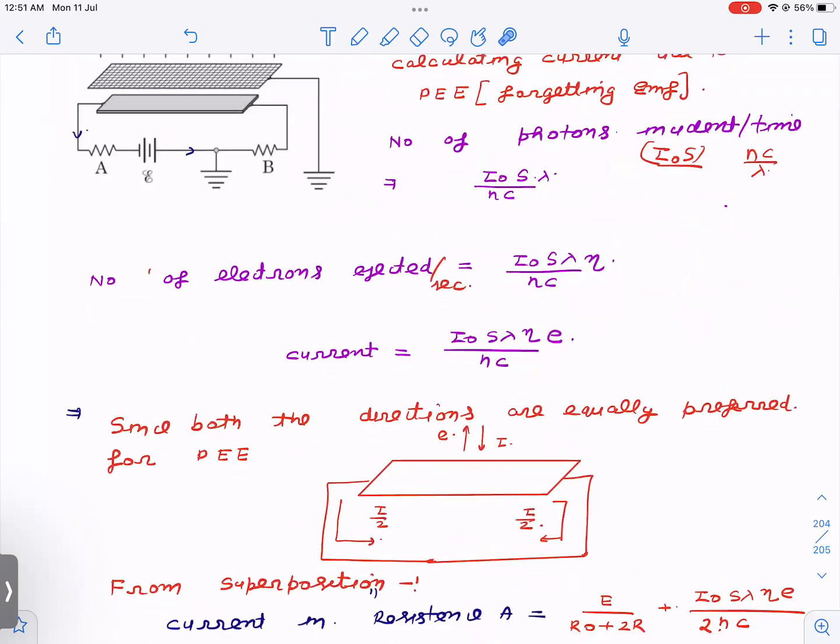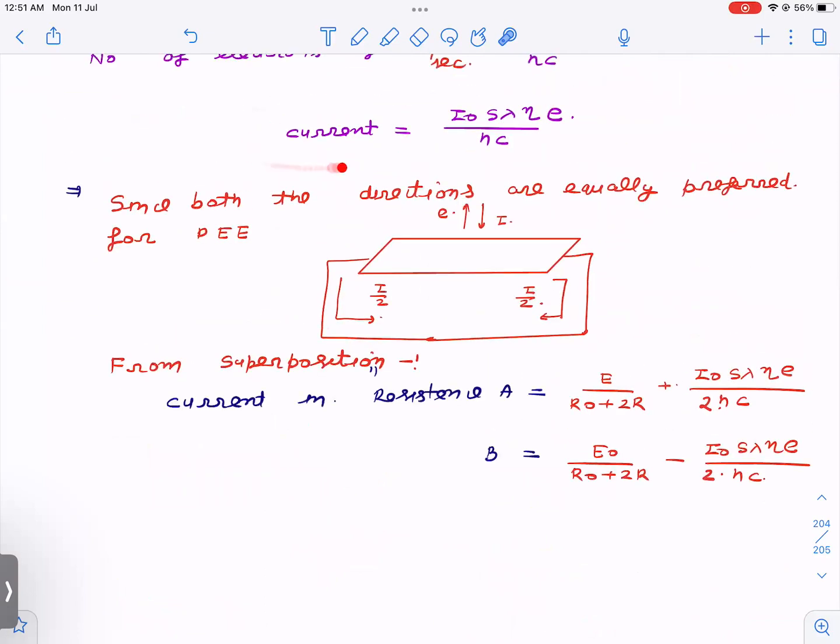So let us draw the diagram for this also. This is the total current. Now this current, electrons are going this way, right? See in this diagram which I have drawn. So current is opposite. Now since current is opposite, here comes the most important point of this question. Now as far as photoelectric effect is considered, these two directions are equally preferred, right?